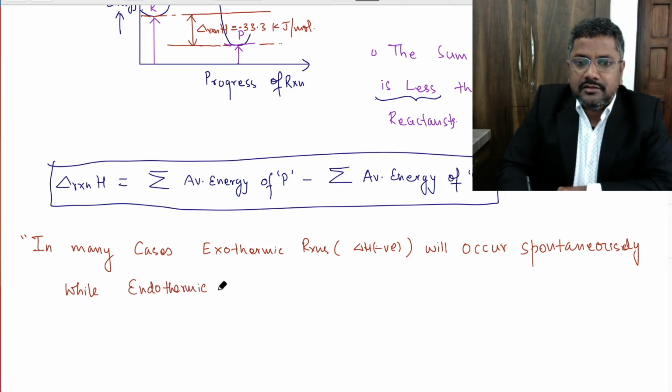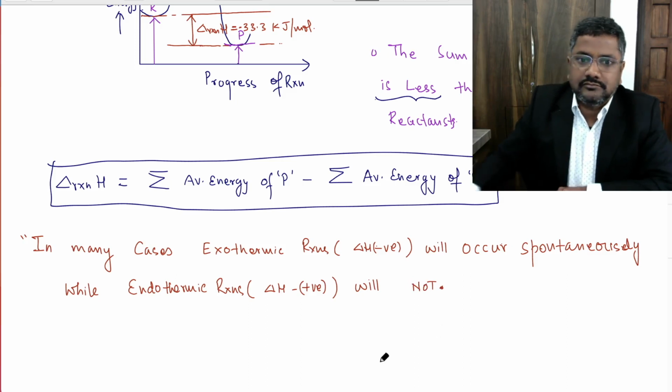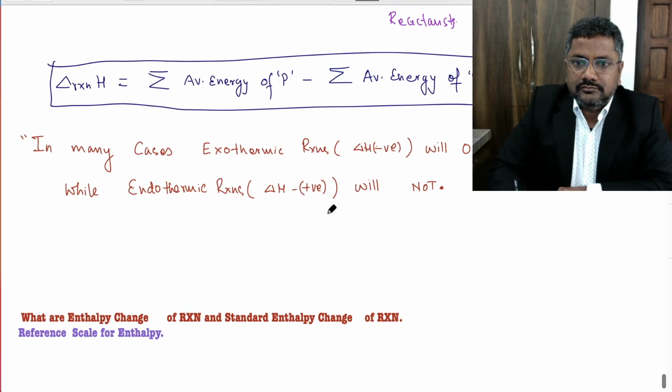While endothermic reactions, for which delta H is positive, will not.